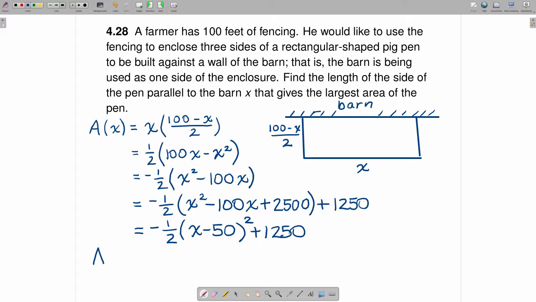So I'll write that out here with more detail. A of x is maximized when x is equal to 50.